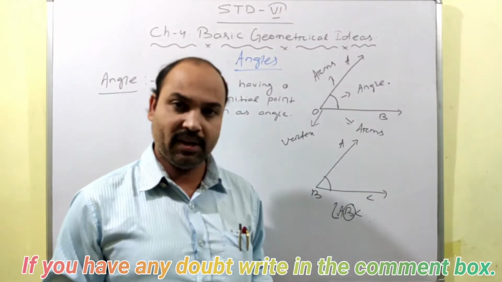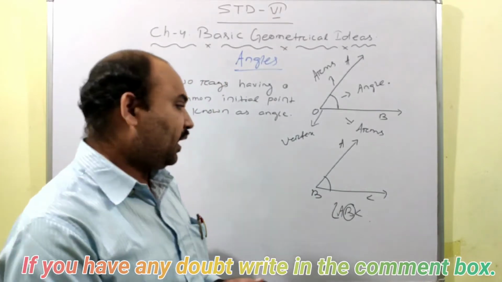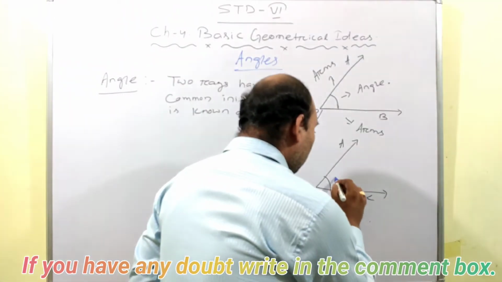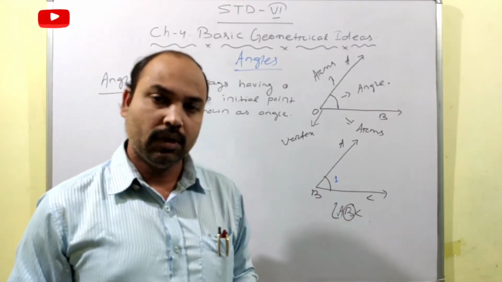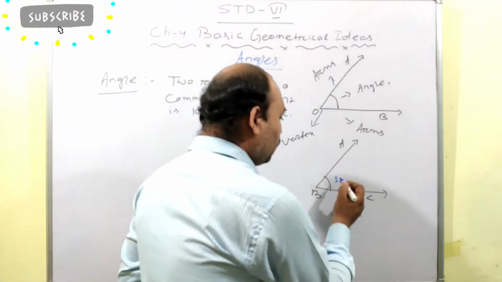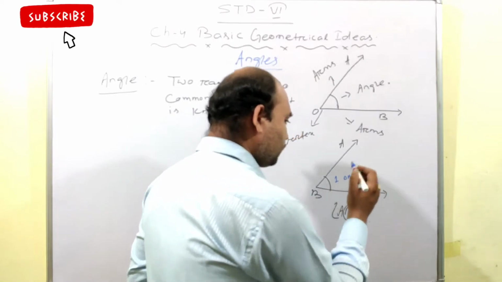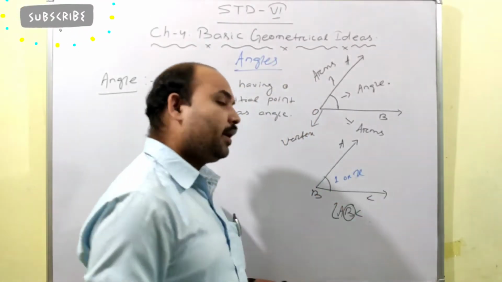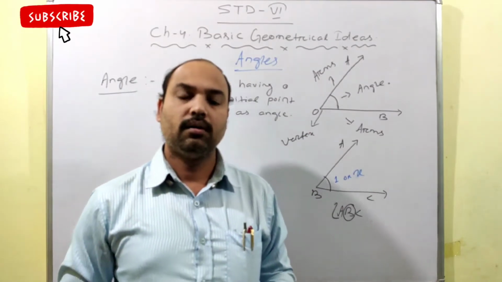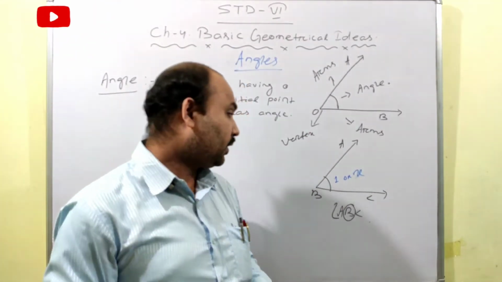It is one type of naming. Otherwise, normally we can put a number here: 1, angle 1. Or in place of 1 we can write X. So X is also an angle name.